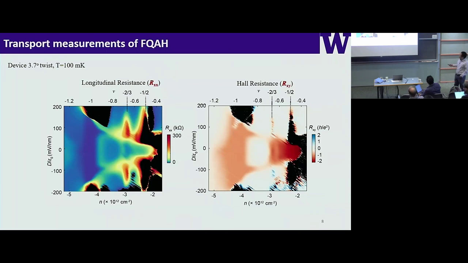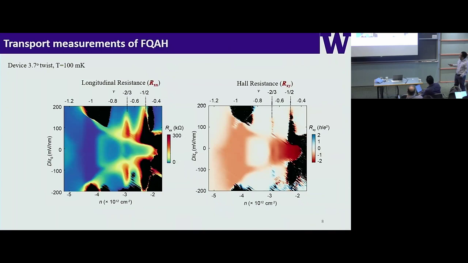So at filling factor -1, there's a pocket where you see RXX suppressed and a very strong RXY quantized at h over e squared. So that's my quantum anomalous Hall state. And at filling factor -2/3, we have suppressed RXX with enhanced RXY, about 3/2 h over e squared, so that's the fractional Chern insulator state.